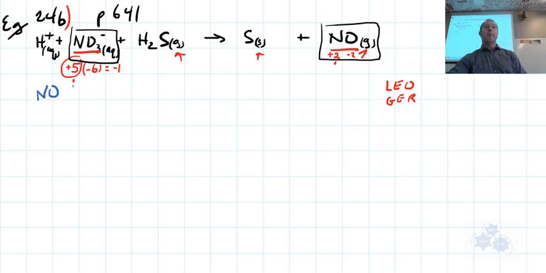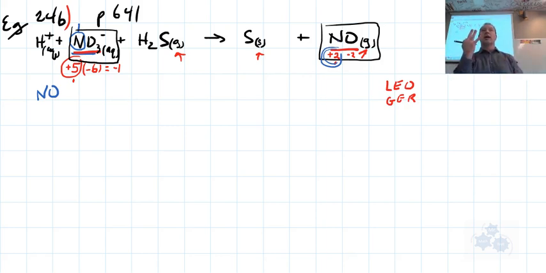The +5 is the oxidation state for nitrogen in this compound. It represents sort of how many electrons are attached to nitrogen in this compound. For every nitrogen here, we've got an overall +5 state. Over here on the other side, it's an overall oxidation state of +2.